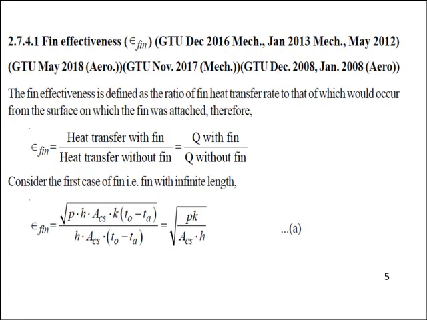The surrounding fluid may be atmospheric air, a liquid, or anything. Based on this equation for the infinite length fin, under root of Pk divided by Ah, we can draw some conclusions.